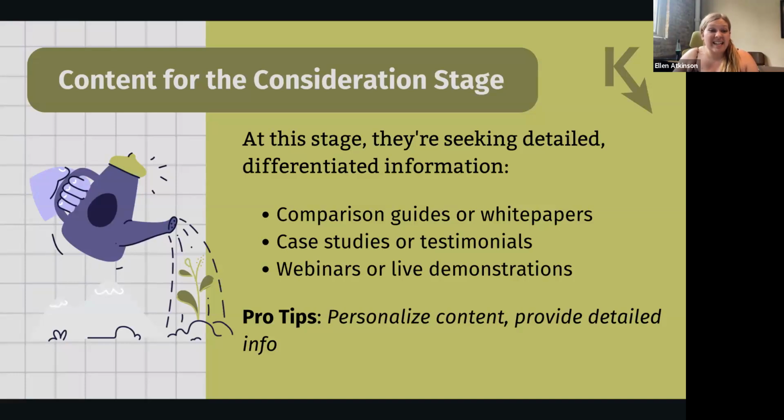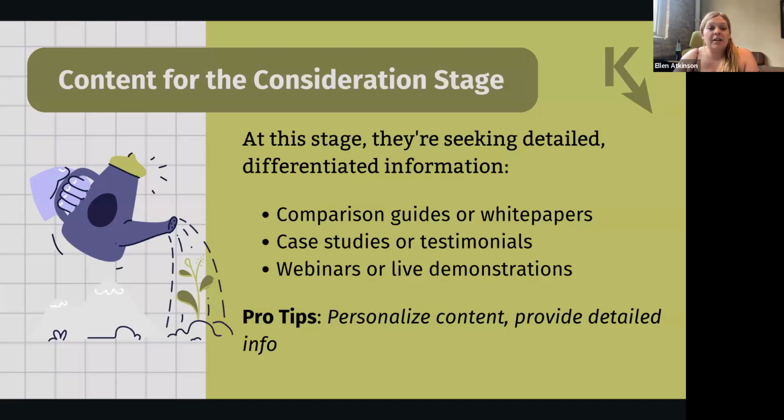It could also be case studies or testimonials to provide social proof that your solution has worked before for past customers. It could also be a webinar just like this that offers solutions for your prospects' needs. And you can incorporate live demonstrations of your product or service to showcase that you know your stuff.